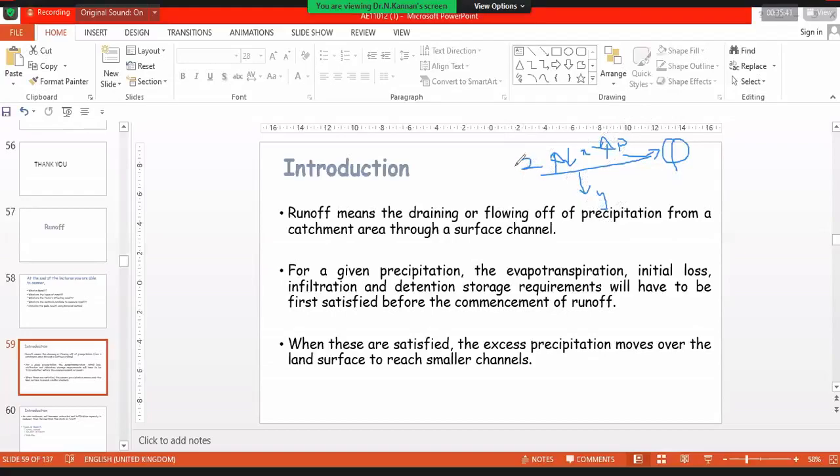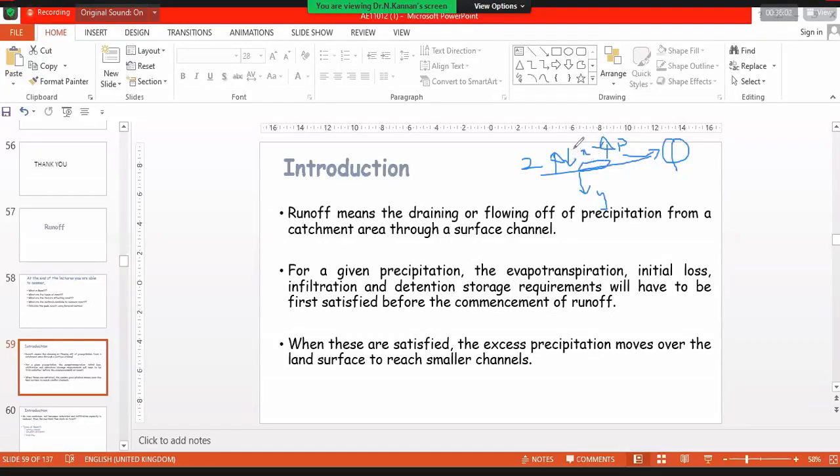We add evaporation, transpiration, and then infiltration. Sometimes if we have certain tanks on the surface, small depressions, a little amount of water will be stored there, so this amount will be subtracted from this amount.